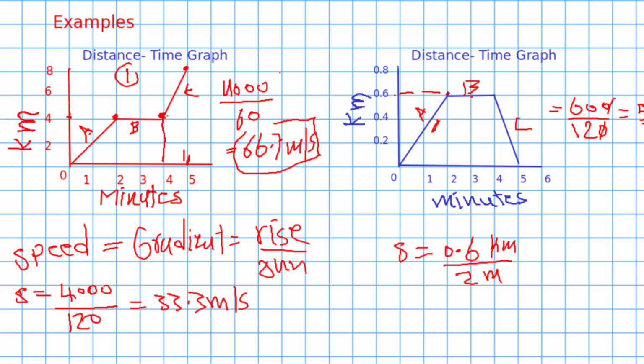Section B is also a horizontal line, so in this section the car was stationary. So what is the speed in section C? When we have a line that goes down like this, what does that mean in a distance time graph, guys?